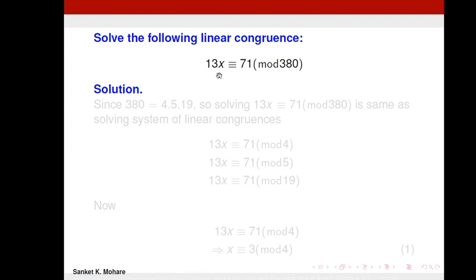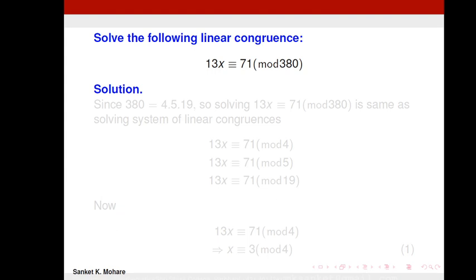We can solve this linear congruence in two ways, either using the Chinese remainder theorem or using theorem 4.7, to find all incongruent solutions, as we discussed in the earlier lecture examples.